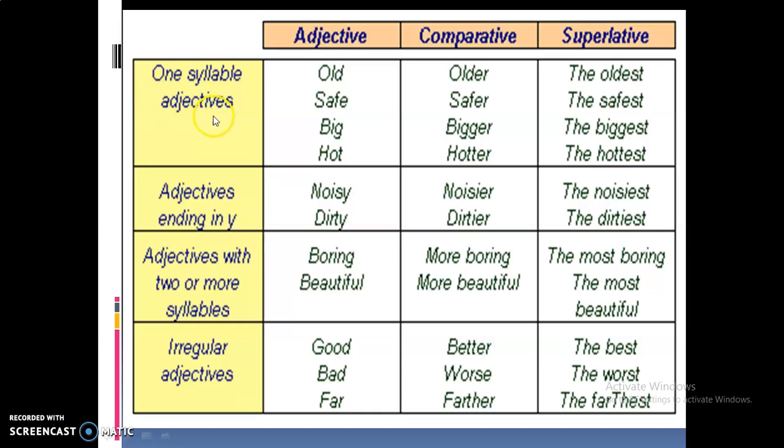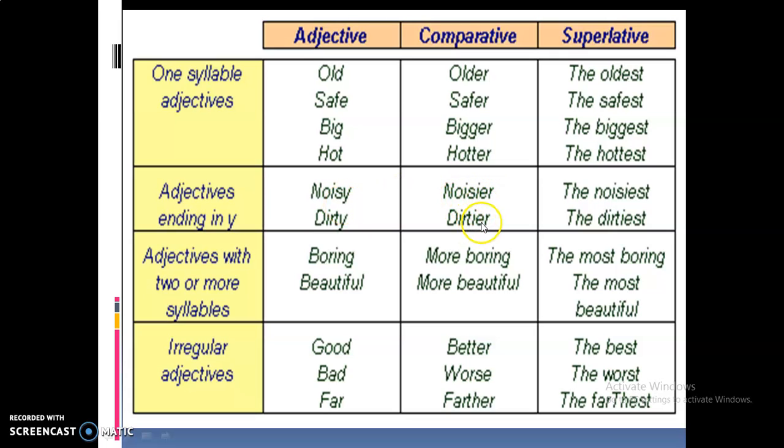One syllable adjectives: old, older, the oldest; safe, safer, the safest; big, bigger, the biggest; hot, hotter, the hottest. Adjectives ending in Y, like noisy, dirty: here the Y is removed and IER is added.